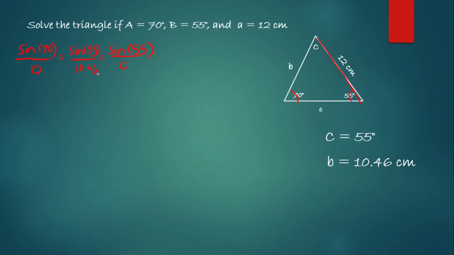We just cross multiply, so it's going to be 10.46 multiplied by sine 55 degrees, and we divide it by sine 55 degrees, which will also result in 10.46067, and so on.